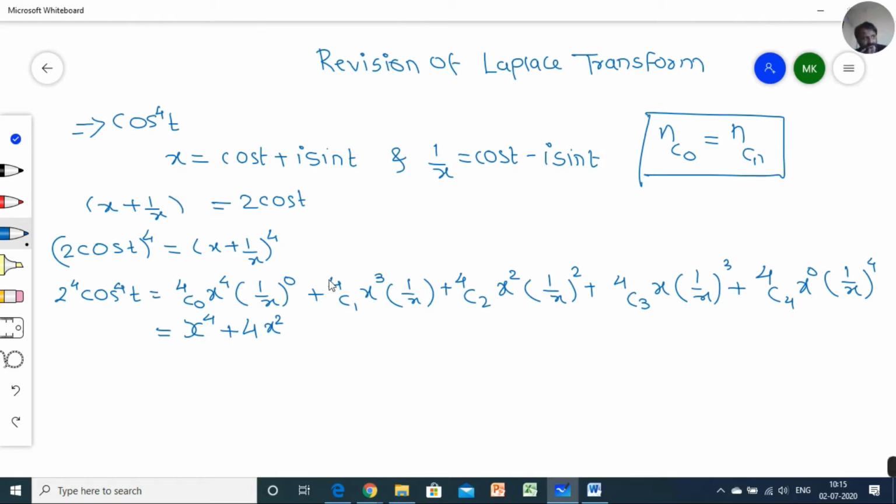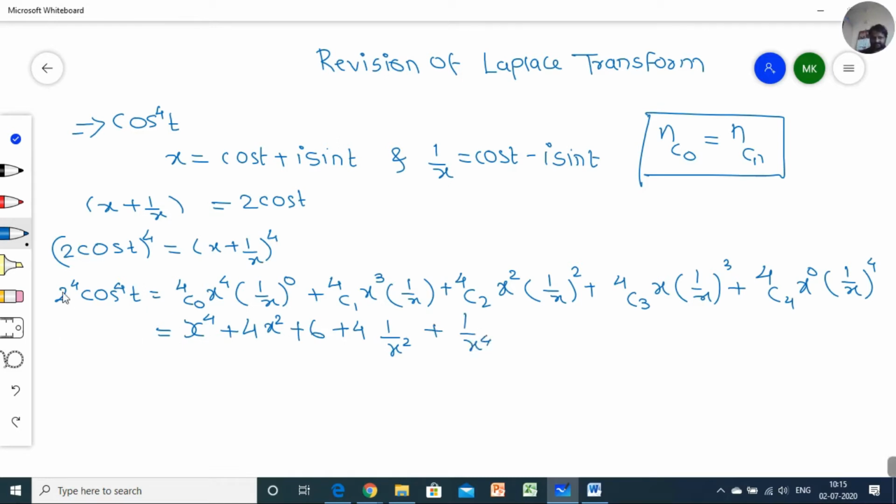It is 6. The square terms get cancelled, so the remaining is only 6. What will be 4c3? It is 4, so 4 into the remaining part, which becomes 1 by x square, and in the last part you get only 1 by x raised to power 4.